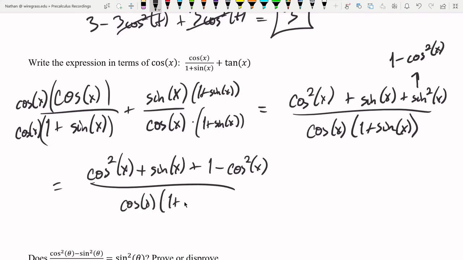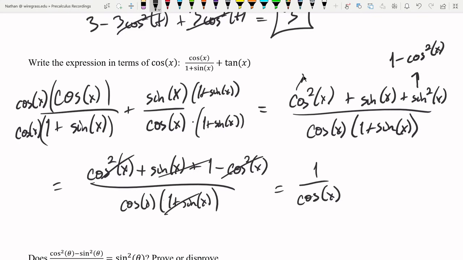See, 1 plus sine x is on bottom still. Now these actually cancel, which is nice. And 1 plus sine x, 1 plus sine x, those cancel to give us just 1 on top. So we have 1 over cosine x. So that was the right move, changing that to that.